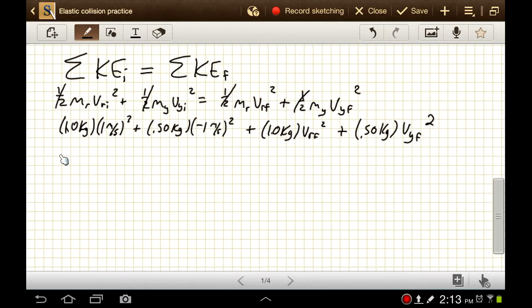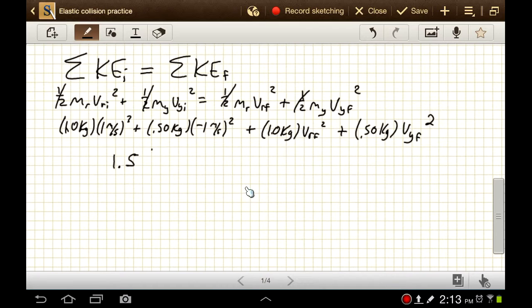So over here I've got 1 times 1 squared is just going to be 1. 0.5 times a negative 1 squared. Negative 1 squared is a positive 1. So positive 1 times 0.5 plus 1, that's going to give us 1.5. And the units here are going to be kilogram meters squared per second squared. That's the same as joules.